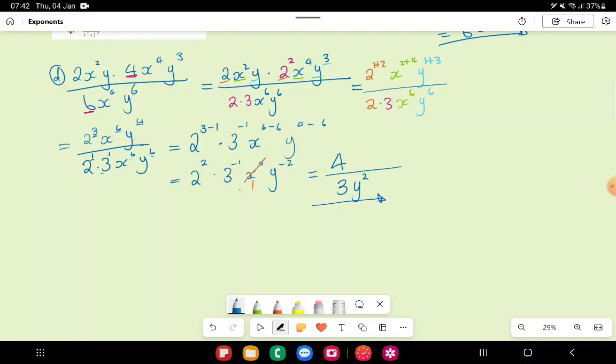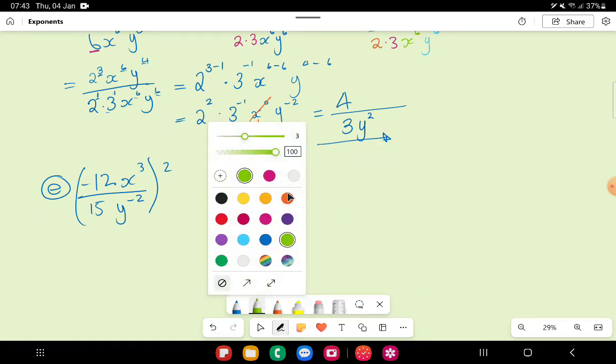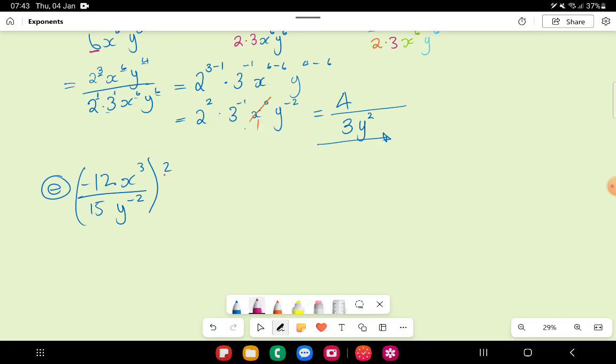Let's do question E. So E is negative 12 x cubed over 15 y^(negative 2), all to the power of 2. Okay. In the brackets, there's nothing I can do. So we're going to start with our exponent on the outside.